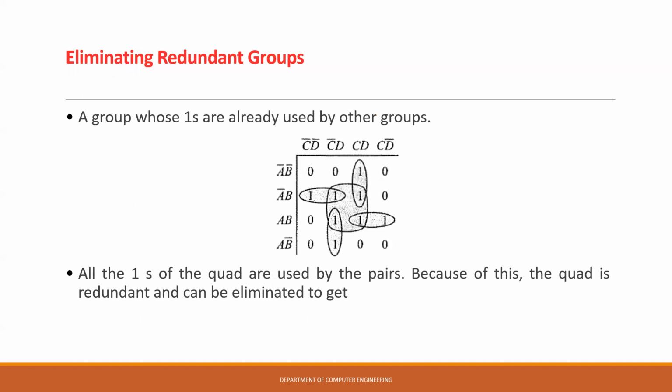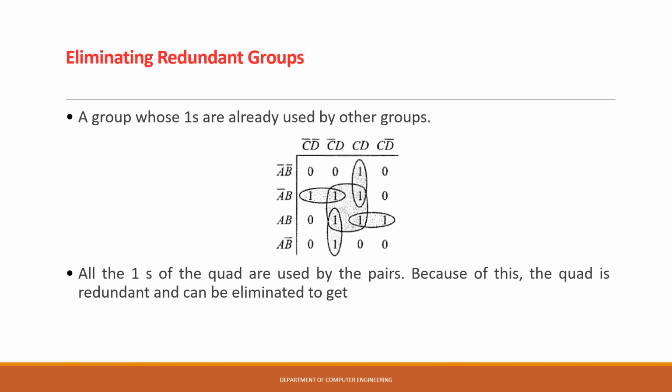See here the meaning of redundant group as shown in the 4 variable K map. There are total 5 groups. 4 groups are of pairs and last group is of chord, that is 4 ones. There are 2 horizontal pairs, 2 vertical pairs, and at the center chord group is prepared.